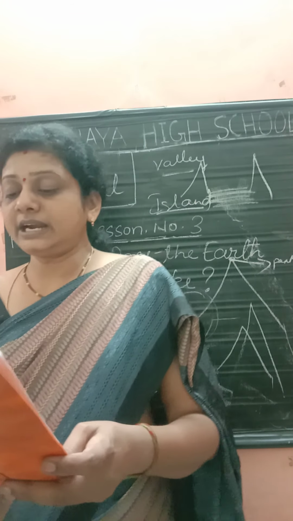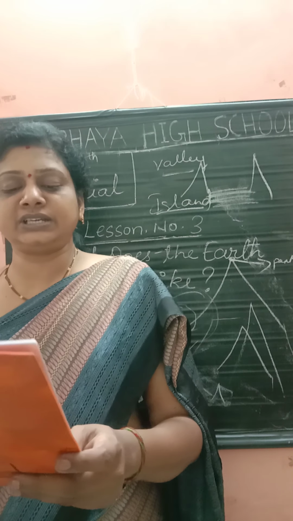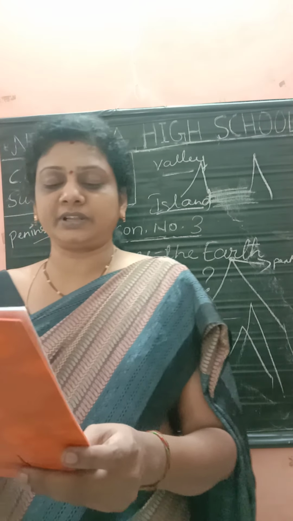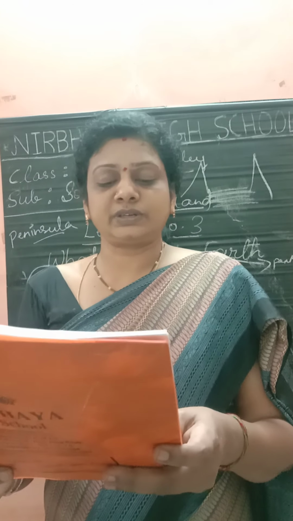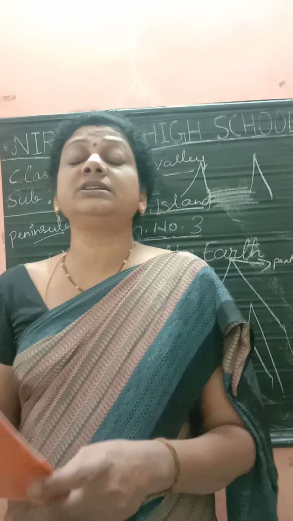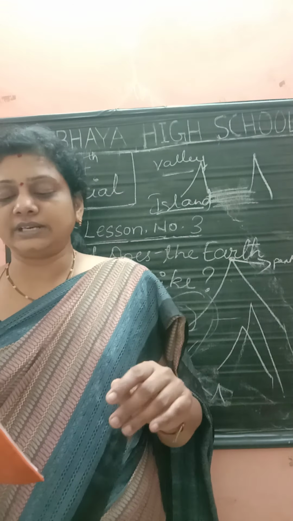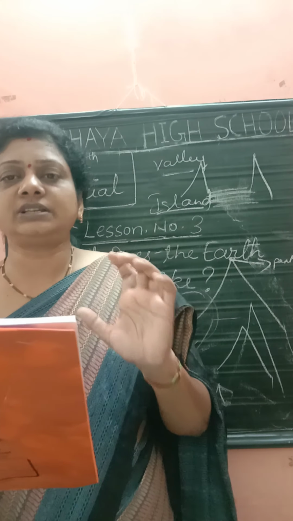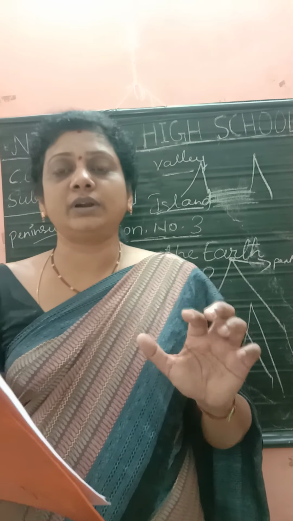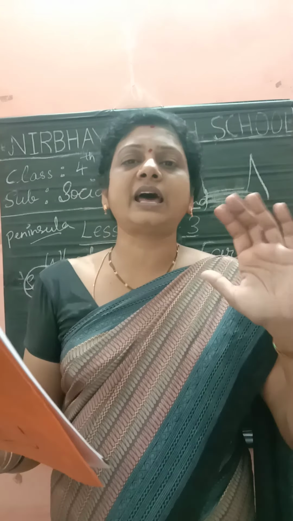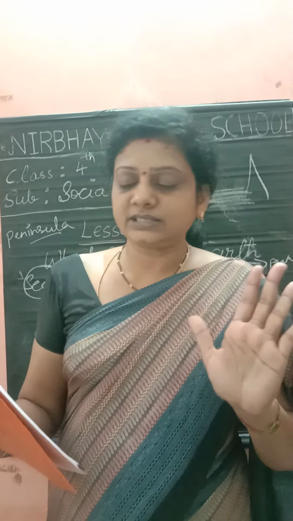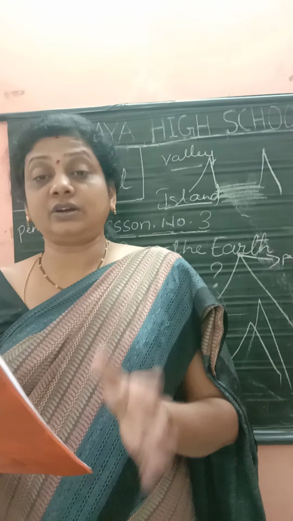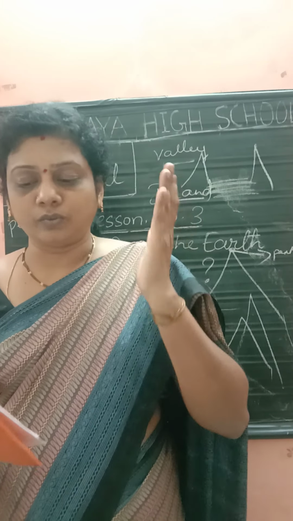It is 10 times bigger than the Indian state of Uttar Pradesh. The Himalayas are the tallest mountains in the world. Where are the Himalayas? Yes, they are in our India.